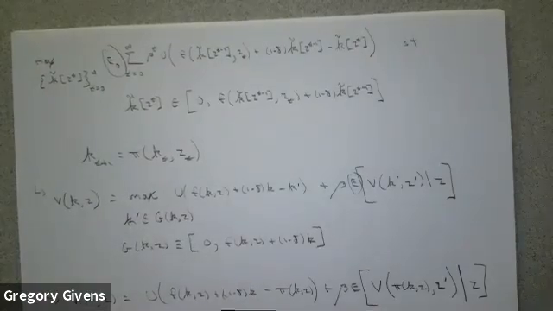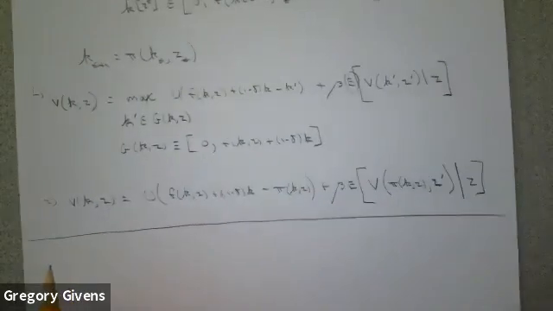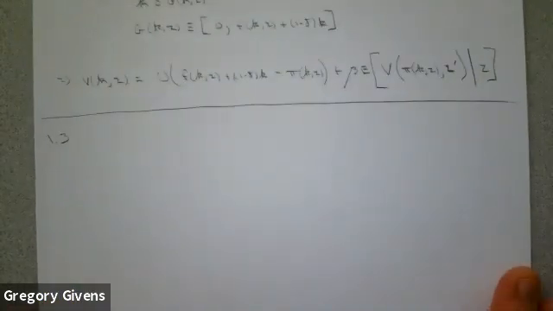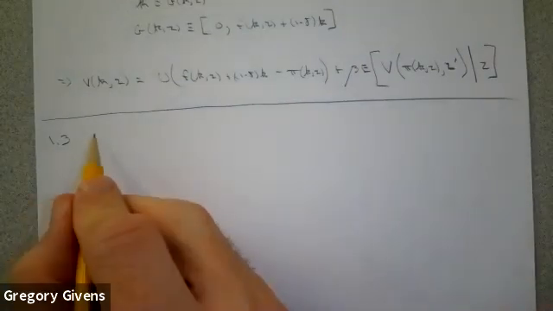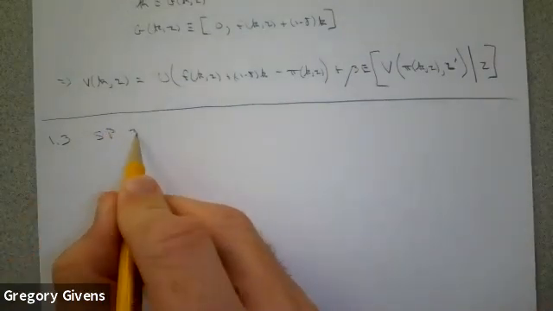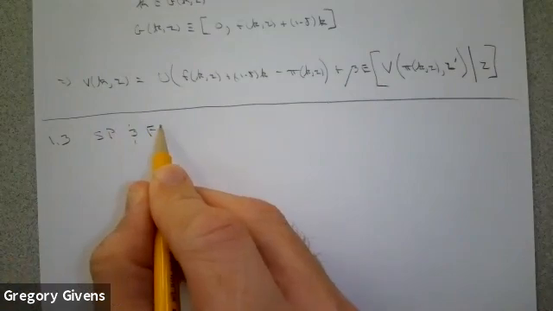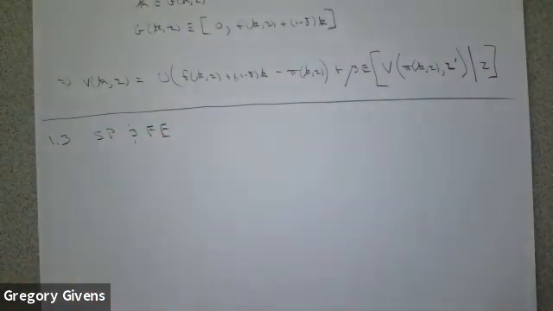Okay, what I want to do now is take a step back and analyze the sequence problem and the functional equation in a generic or canonical form. So not talk about the optimal growth model specifically.